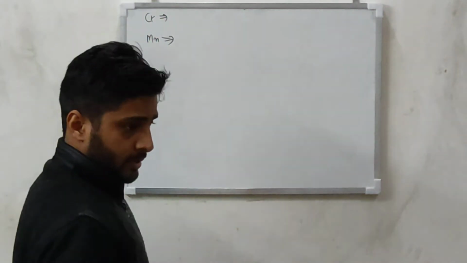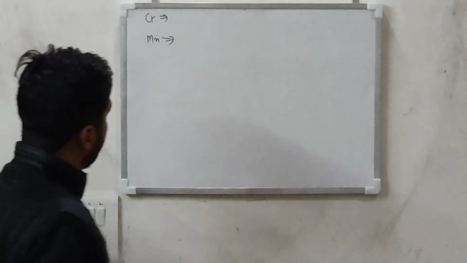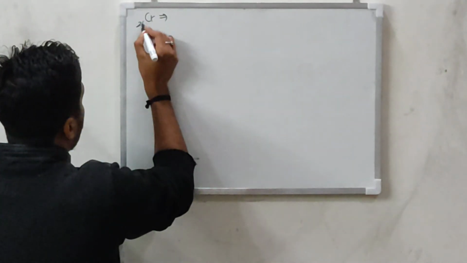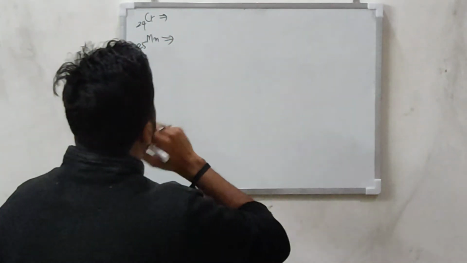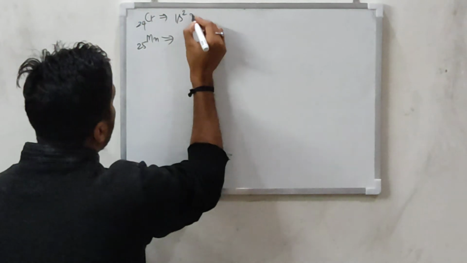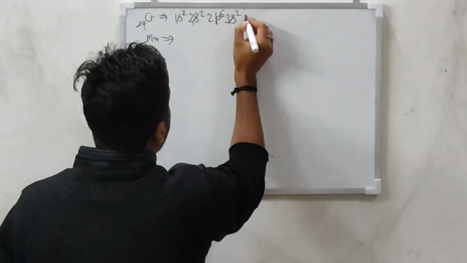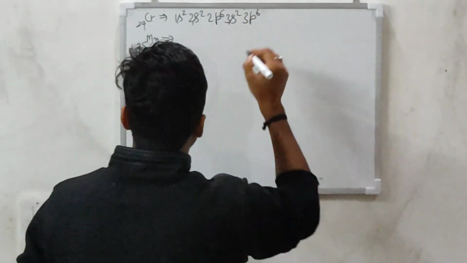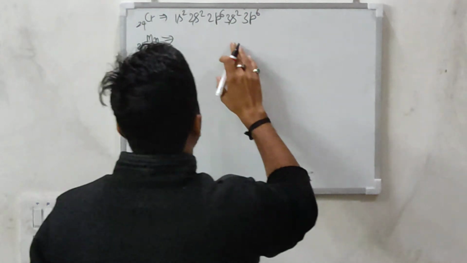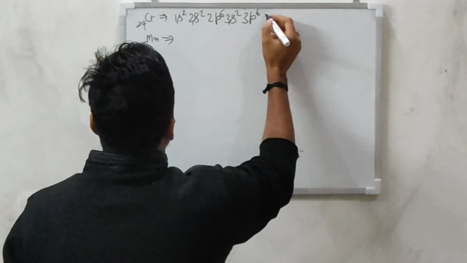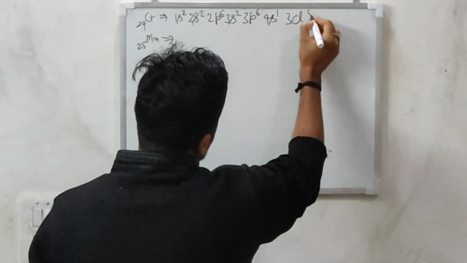The atomic number of chromium is 24 and the atomic number of manganese is 25. So from here: 1s2, 2s2, 2p6, 3s2, 3p6, and 4s1 and 3d5.